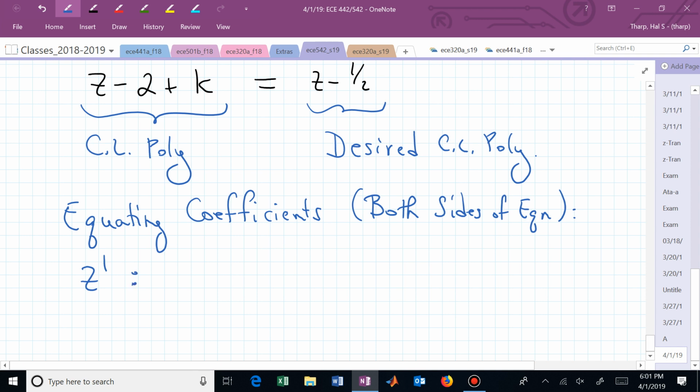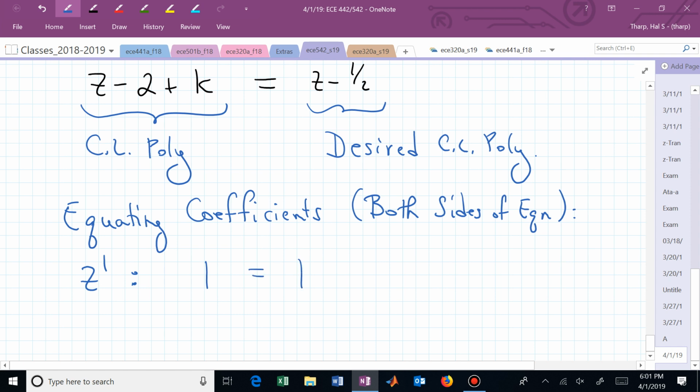What happens when we compare the coefficients that scale z? What's the coefficient of z on the left? It's a 1, isn't it? What's the coefficient on the right? 1.